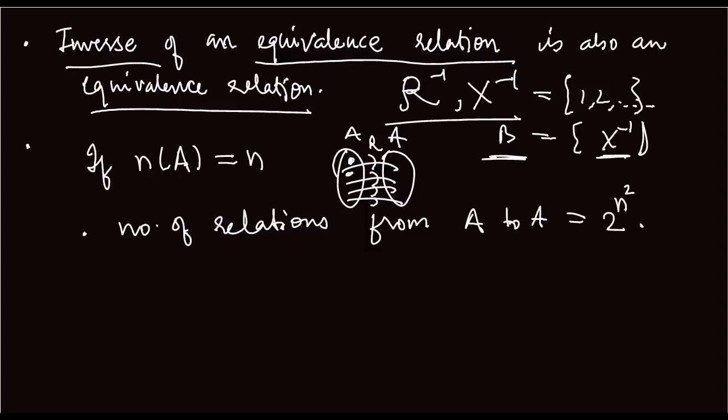So if you have two elements in A, then 2 to the power 2 to the power 2, that is 2 to the power 4, that is 16. 16 relations will be there. If n is 2, then 2 to the power n square.